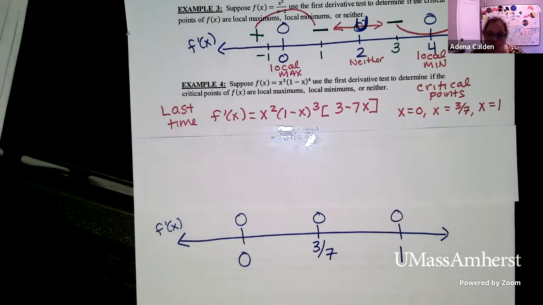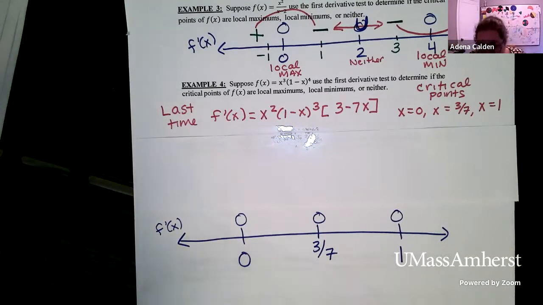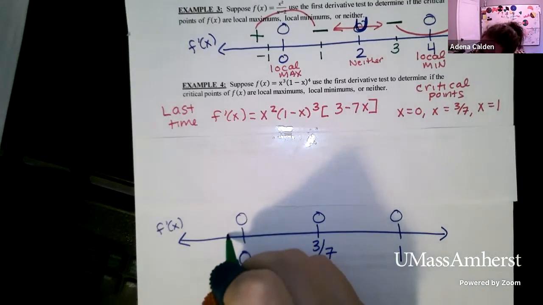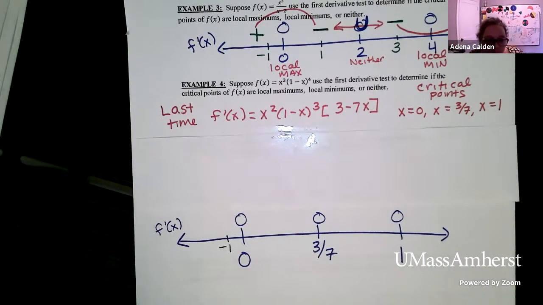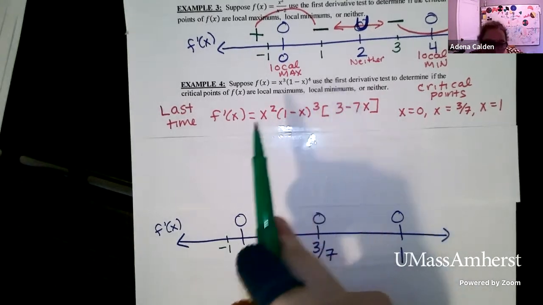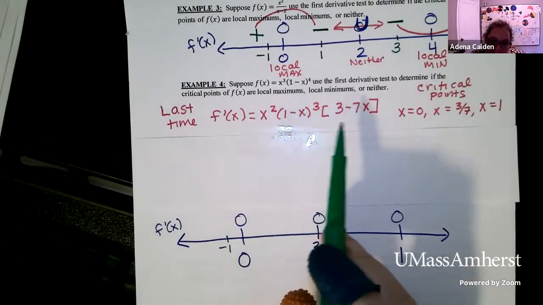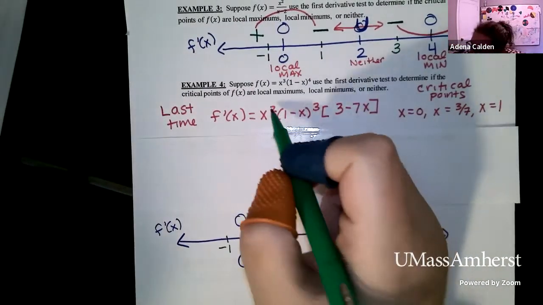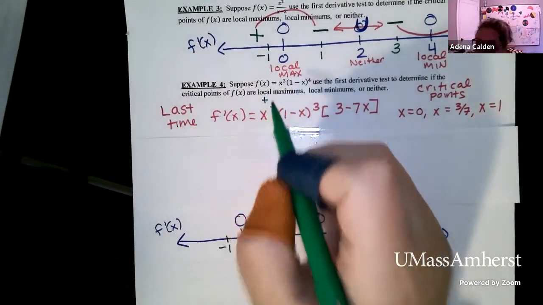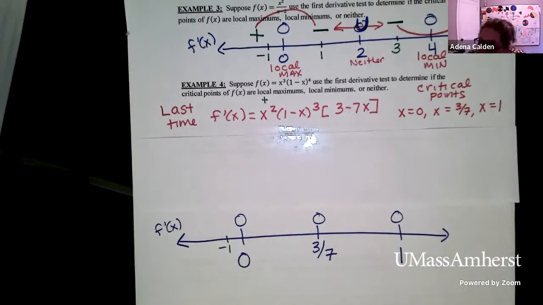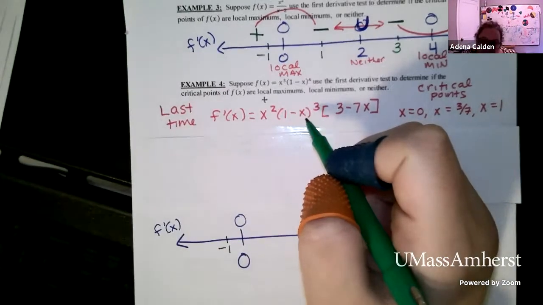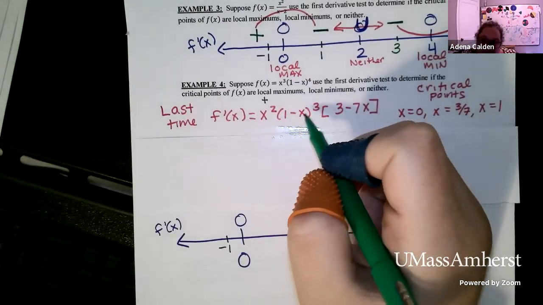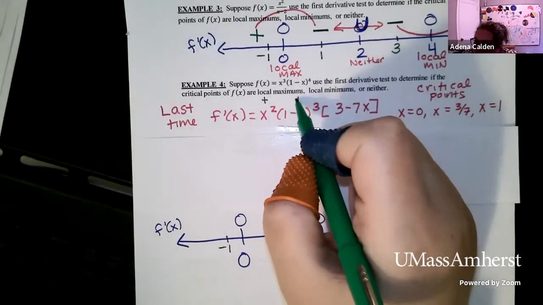Okay, so when we pick something to the left of 0, I'm going to pick -1. I think that'll be the easiest to work with. And again, you can plug this into your calculator with a -1. I like to just go term by term like I did before. So -1 squared is going to be positive. 1 minus -1 is +2. +2 cubed gives me +8.